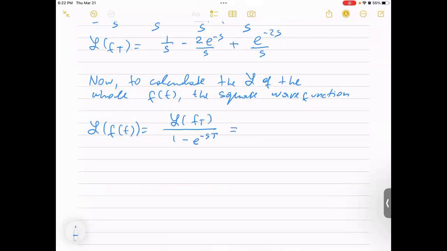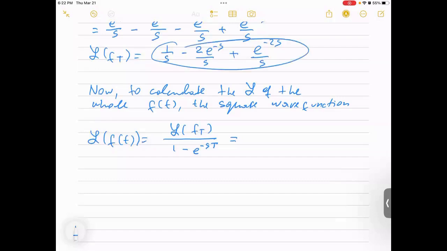We already calculated the Laplace of one period, so we substitute it here: 1 over s minus 2e to the negative s divided by s plus e to the negative 2s divided by s, divided by 1 minus e to the negative 2s, substituting 2 for capital T. Then I'm going to simplify that expression by multiplying top and bottom by s.